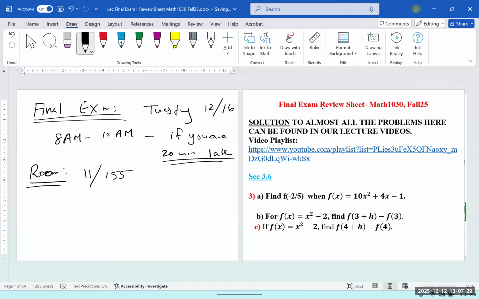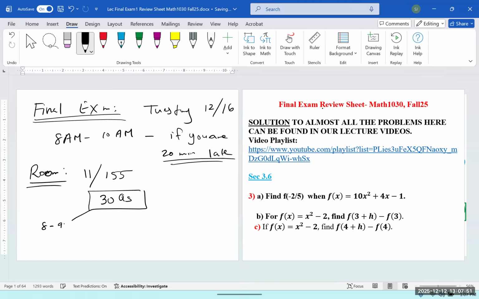Actually around 60 students, not 50. Around 60 students will be in the hall. And it will be 11th floor, 155, from 8 a.m. to 10 a.m. Now about the format of the final exam, it has 30 questions, 2 parts.